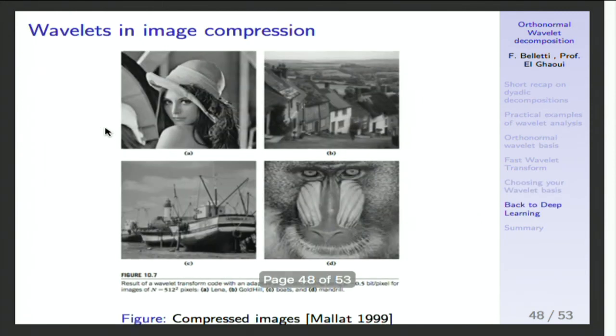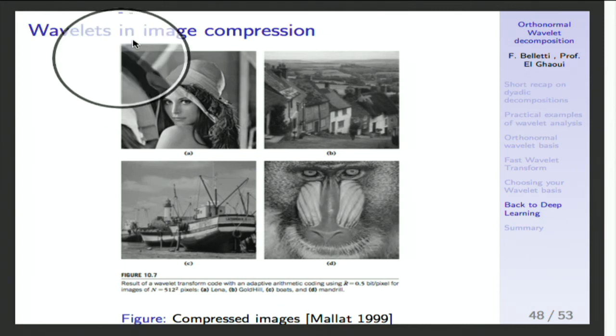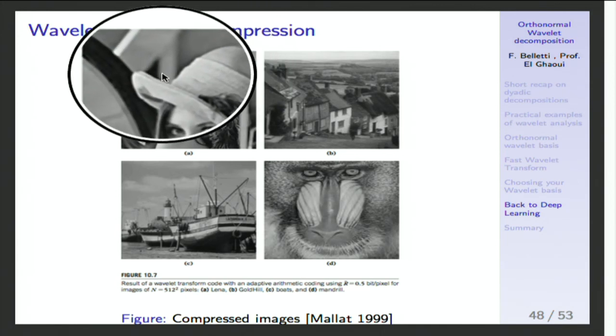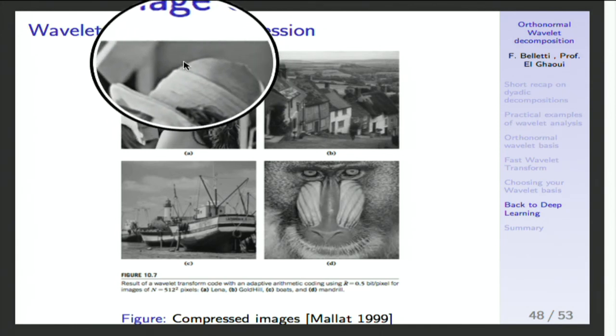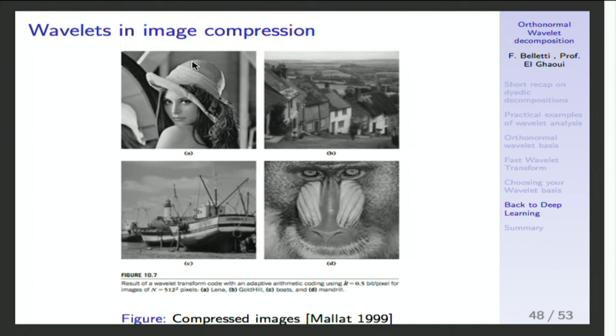So I was mentioning compression briefly, and one of the key elements that make wavelet decomposition so interesting is how the compactness of the support enables a certain sparsity in the way we capture local variations. For example, if I take a look at the picture here, these edges represent very sharp variations in the image.